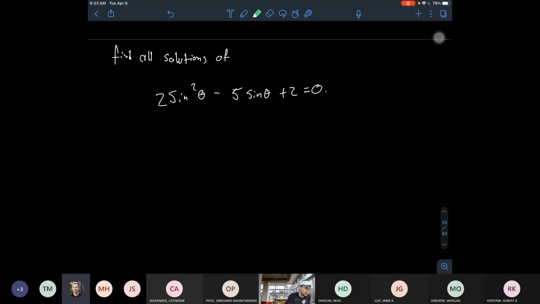Okay, so one thing about this problem that's really intimidating is this sine squared theta here.